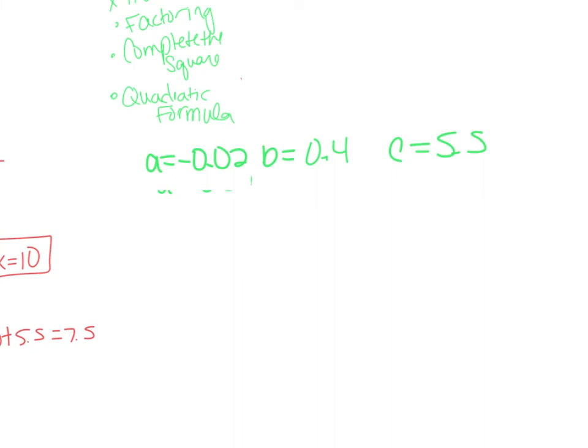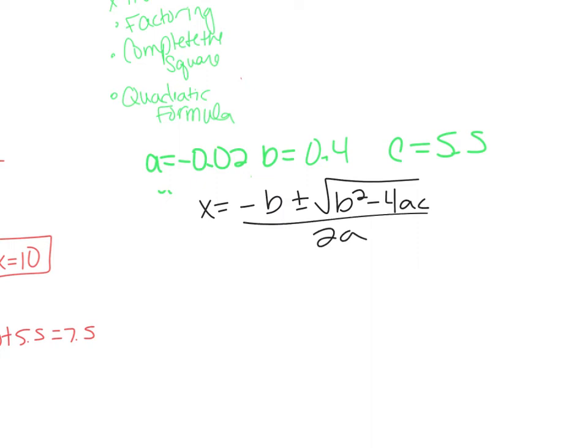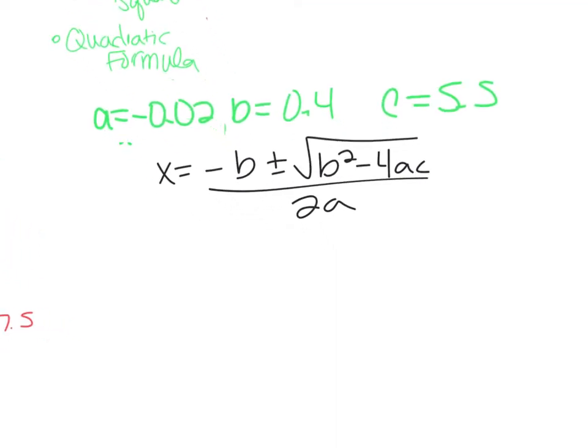Okay, so here's a recap of the quadratic formula. Remember, it's x equals negative b plus or minus the square root of b squared minus 4ac all over 2a. Okay, so that's why I had you memorize it in the last one, because I knew it would come back around again. So let's go ahead and plug all this stuff in.